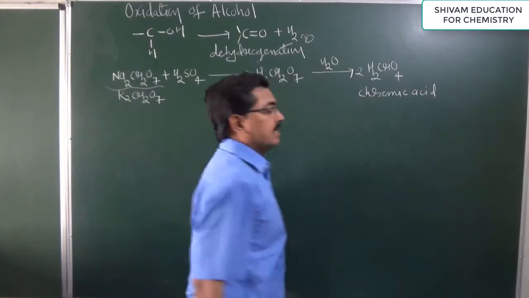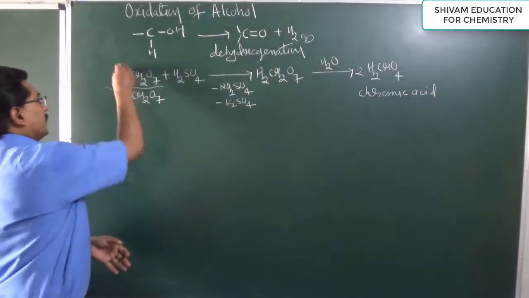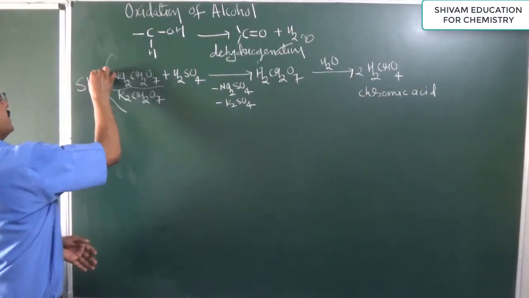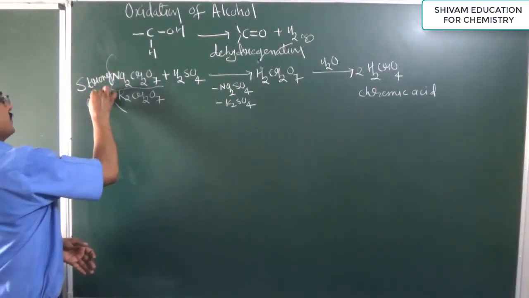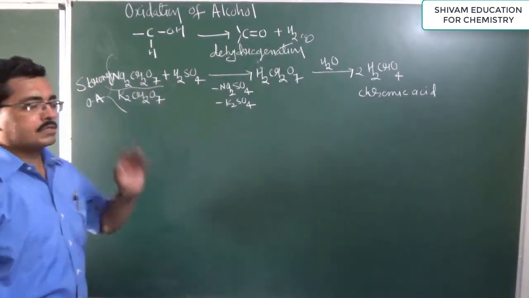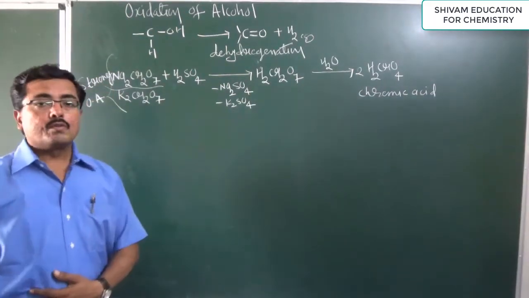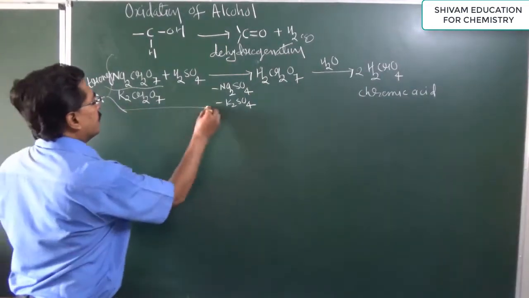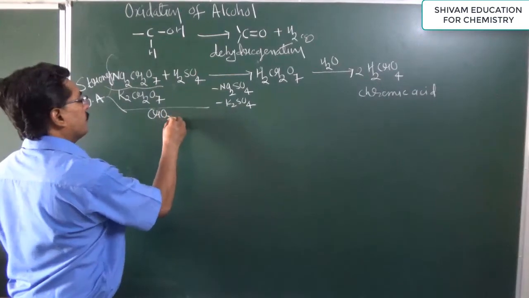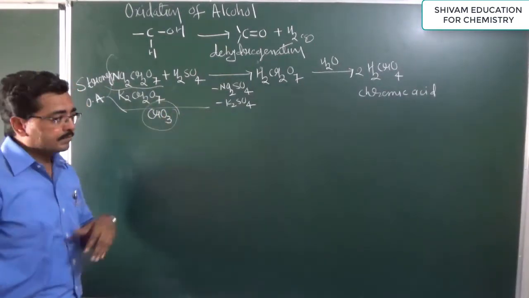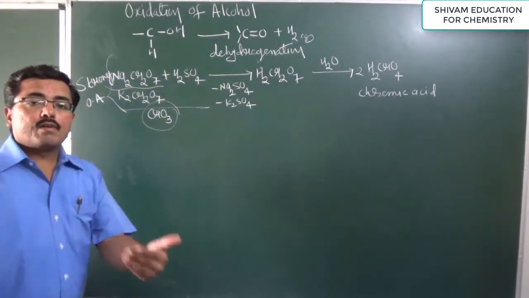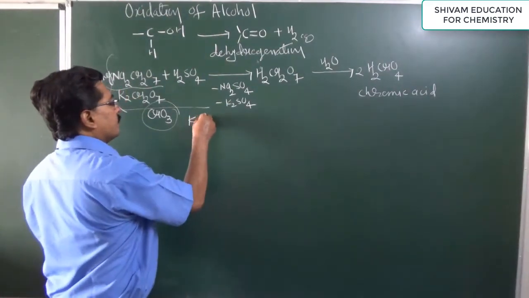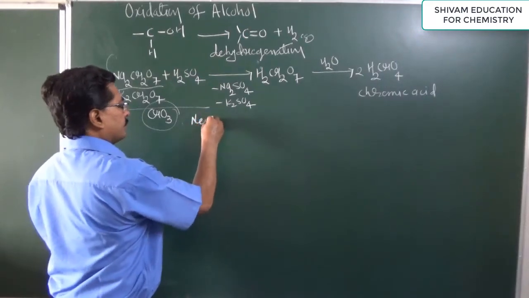So chromic acid is a strong oxidizing agent. This mixture we can use is a strong oxidizing agent. We can use this chromic acid, or sometimes instead of this we use chromium oxide, which is also a strong oxidizing agent. A variety of oxidizing agents can be used. Another oxidizing agent we can use is neutral KMnO4.